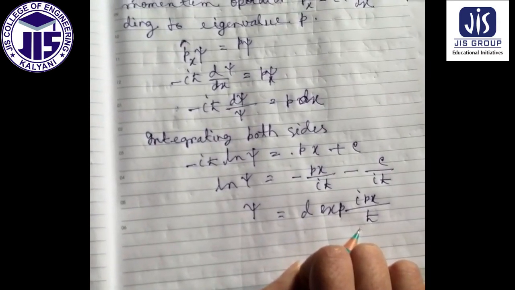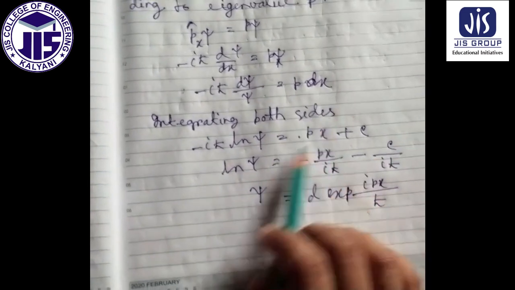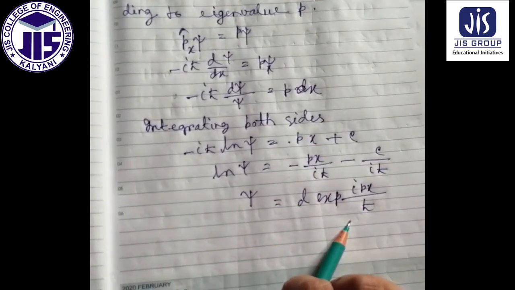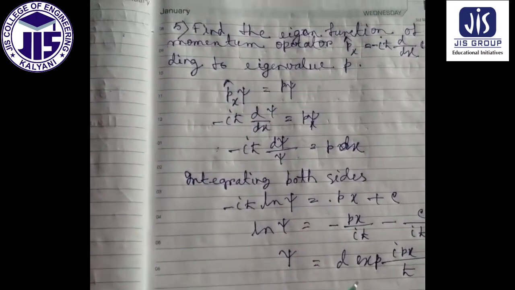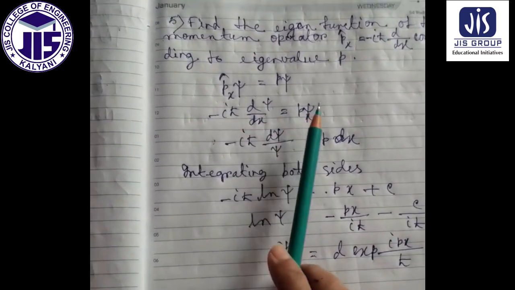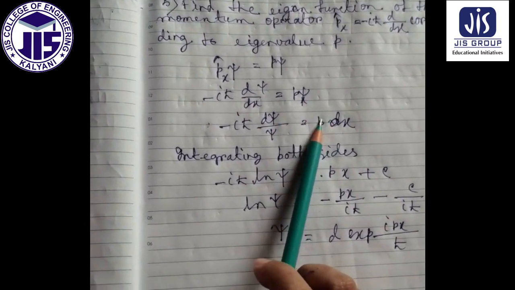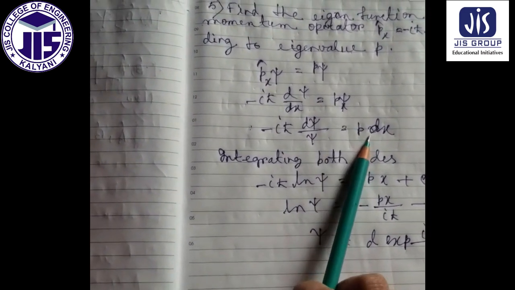Now interestingly, if we consider this eigenfunction and put it again on the operator, that is minus iħ d/dx, then we can get the eigenvalue p like this.